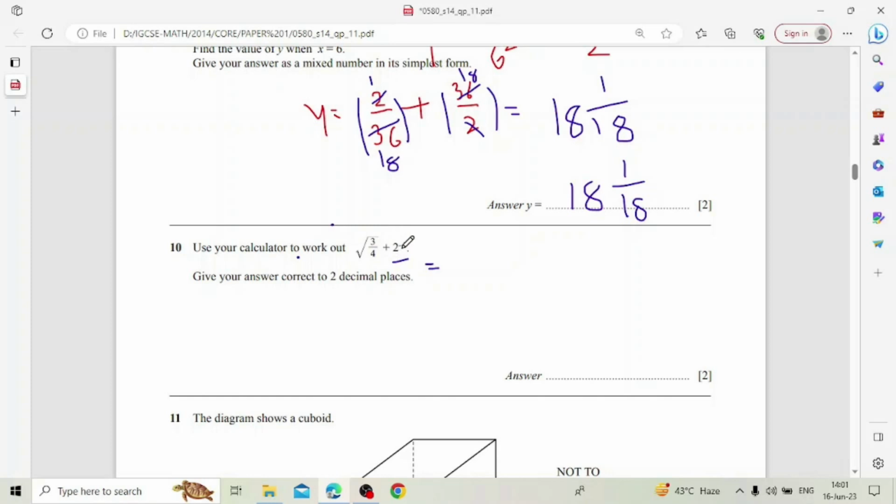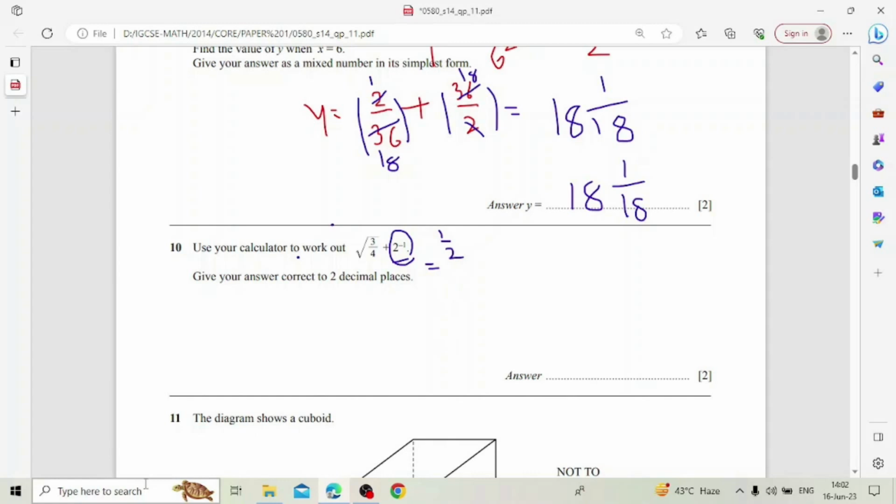So 2 to the power of negative 1 in the sense 1 over 2 it is. Means the 2 is a denominator. It's like 1 by 2. This means 2 is a denominator.